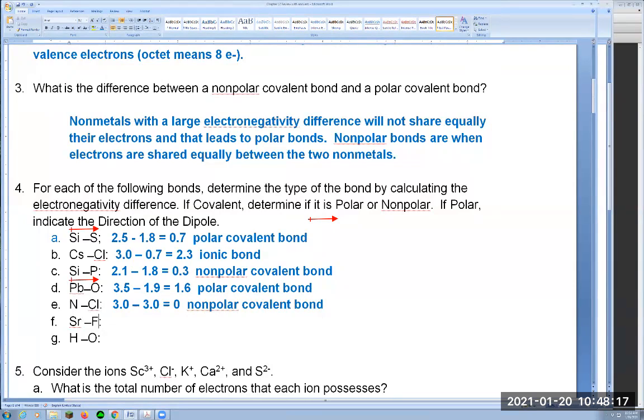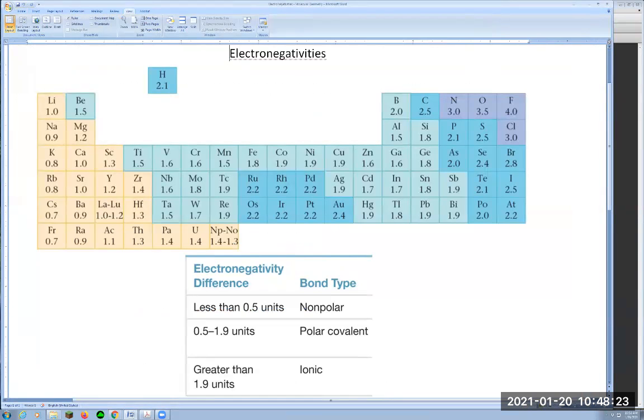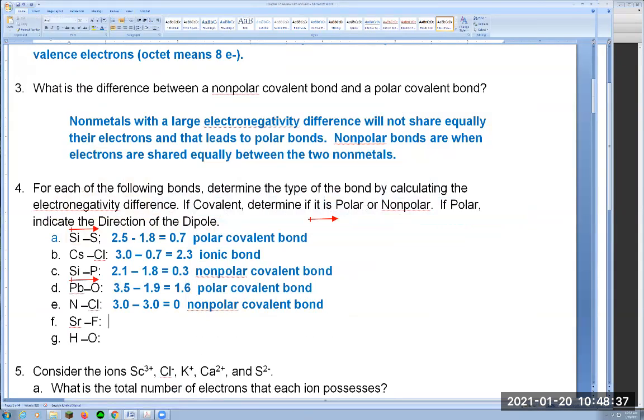Sr and F. Sr is strontium. F is fluorine. Fluorine has a value of 4.0. It's in the upper right corner there. And then strontium on the left side, next to rubidium, is 1.0. So we will do 4.0 minus 1.0, and that's 3.0.